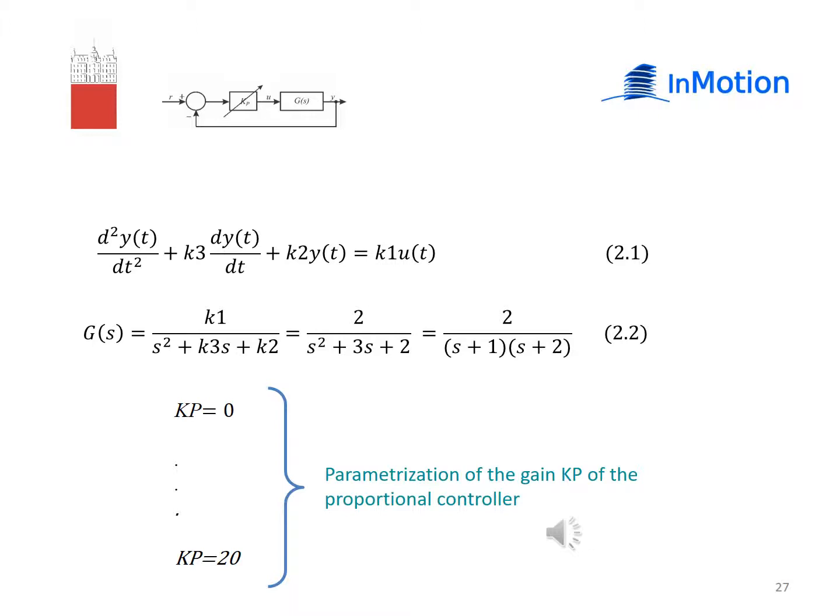This system operates in closed loop with a simple proportional controller with the gain Kp. We are going to change the value of the gain Kp from 0 to 20 and will observe how such changes influence system response.